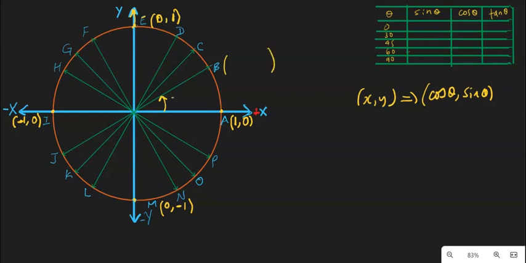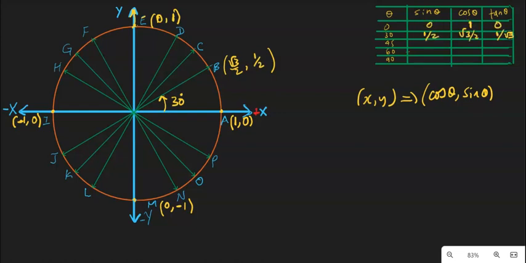Let's say this is angle 30 degree. So sine of 30 degree is 0.5 and cosine of 30 degrees is √3 divided by 2. So we can put this, the x coordinate is √3 divided by 2, and the y coordinate is sine theta, which is sine of 30 degree, 1/2.